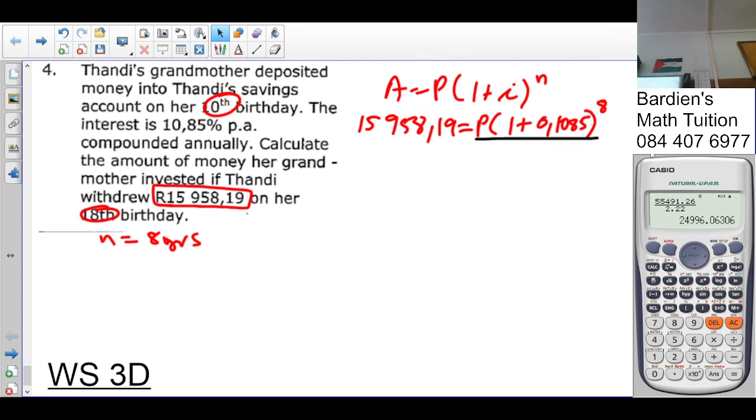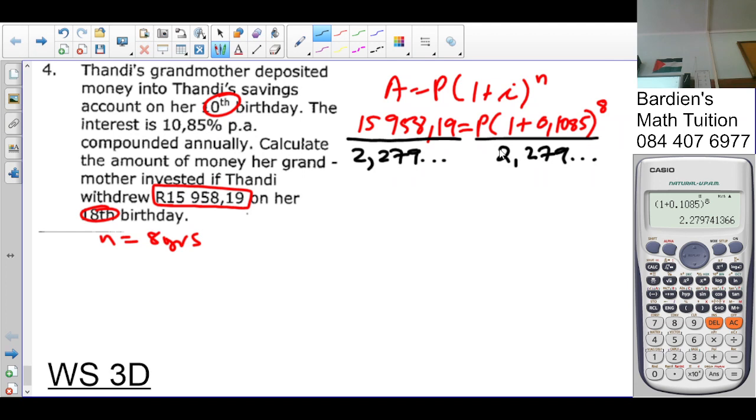So the bracket is 1 plus 0.1085 to the exponent 8, which is 2.279, and the number carries on, of course.